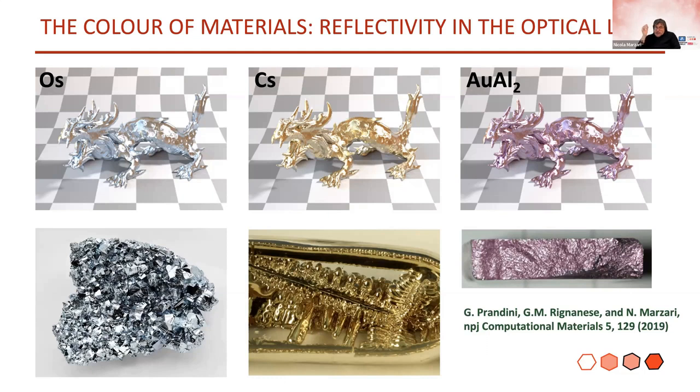And so basically understanding the dielectric response in the optical limit, and that means the reflectivity, absorption, and also color, and if you want, shininess. And the top is actually the computational prediction, and the bottom is what the experiment sees.